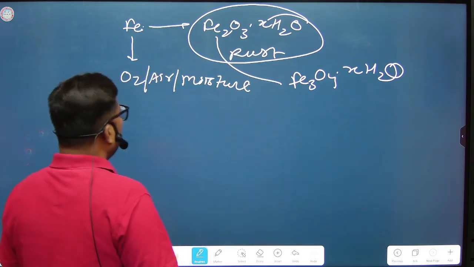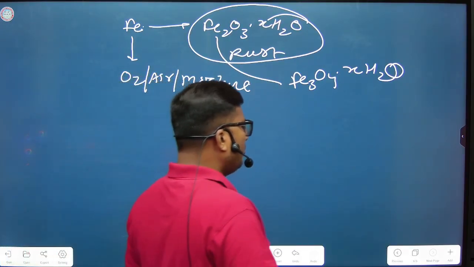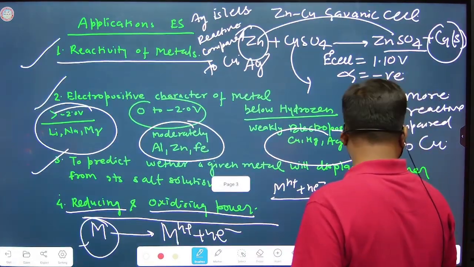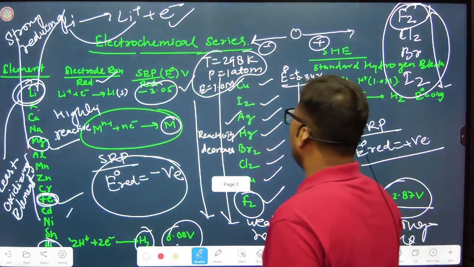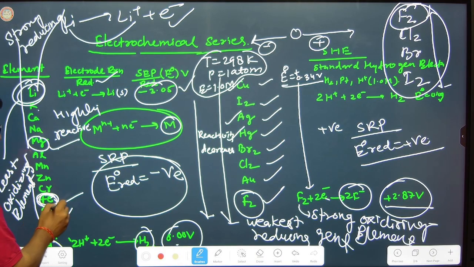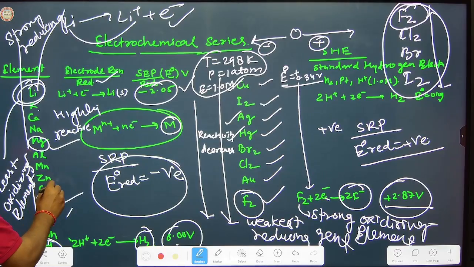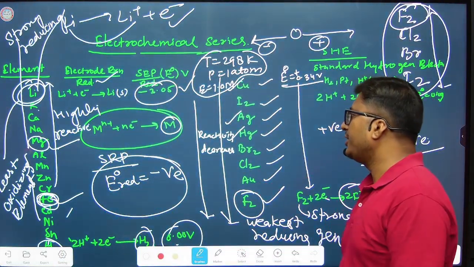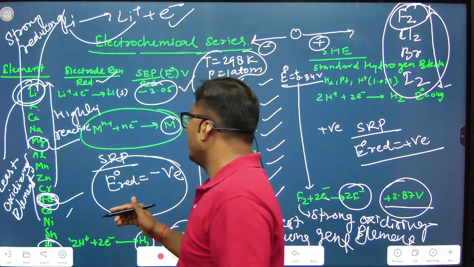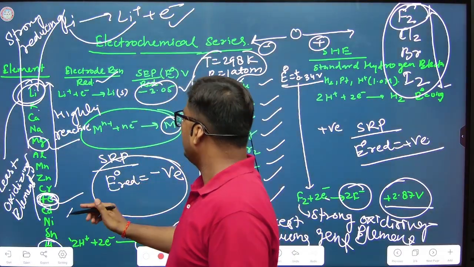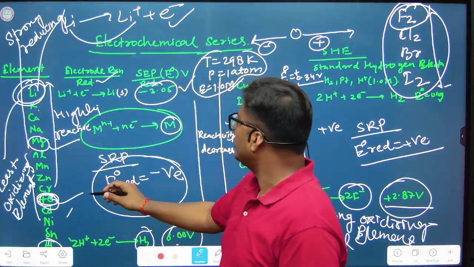So in the electrochemical series, what you have seen, where is the position of this iron? So this is iron. Above all the elements, they are highly reactive, so they can easily react with oxygen. So they cannot prevent the corrosion that occurs on the surface of iron.